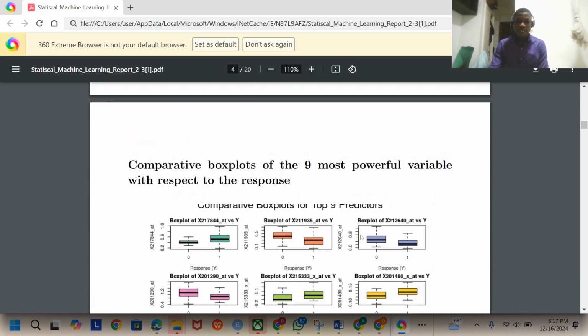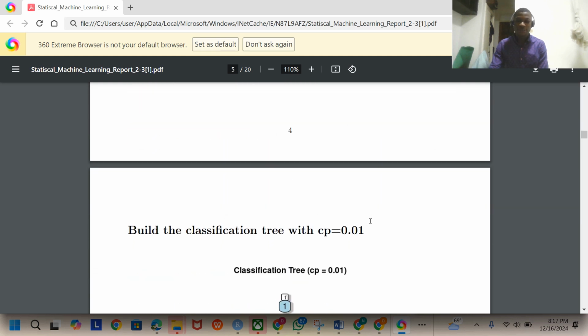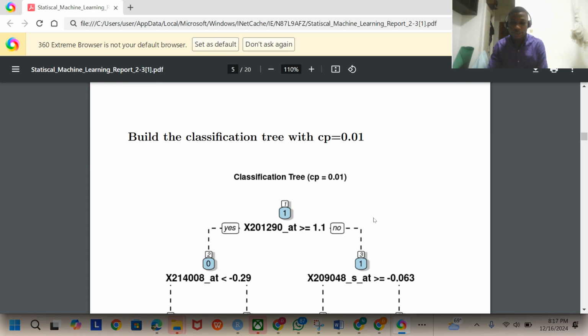So I went further to build a model with these variables using a decision tree, and I chose a complexity of 0.01, and the root was x201290.